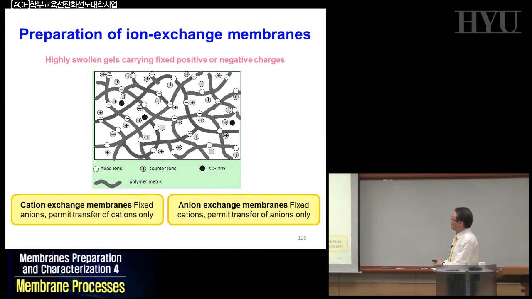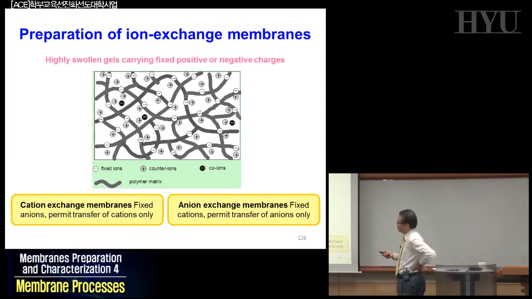The next topic will be ion exchange membranes. Ion exchange membranes contain ions, of course. We have fixed ions. If you have fixed ions in the negative form, we call this a cation exchange membrane. Again, I will repeat.